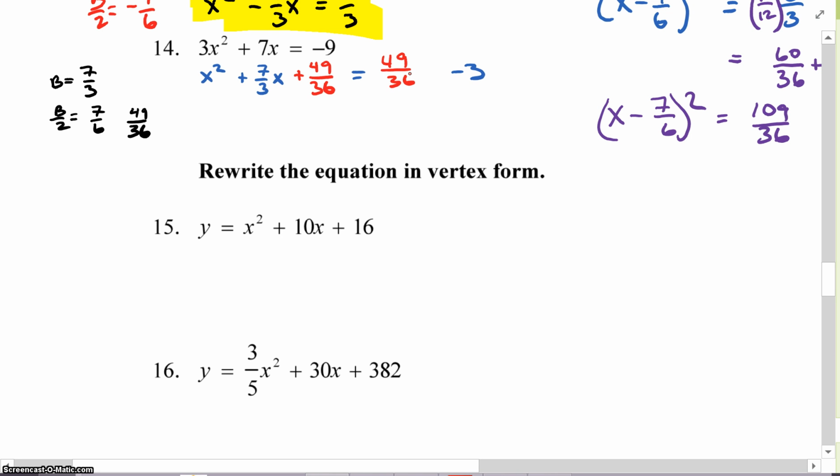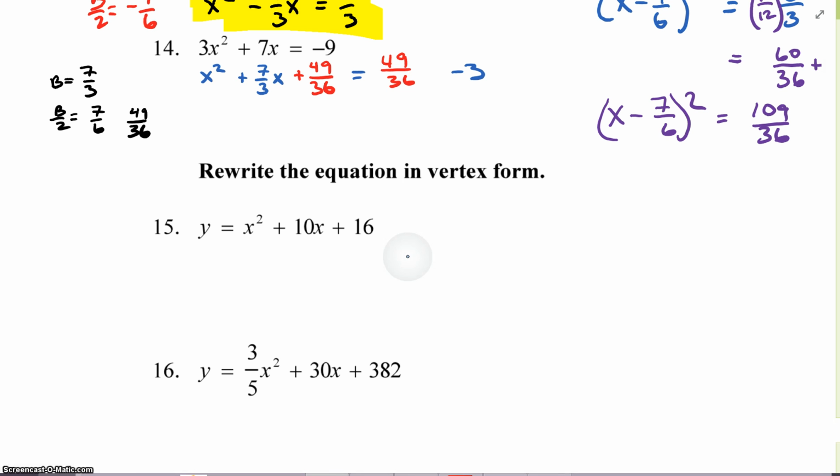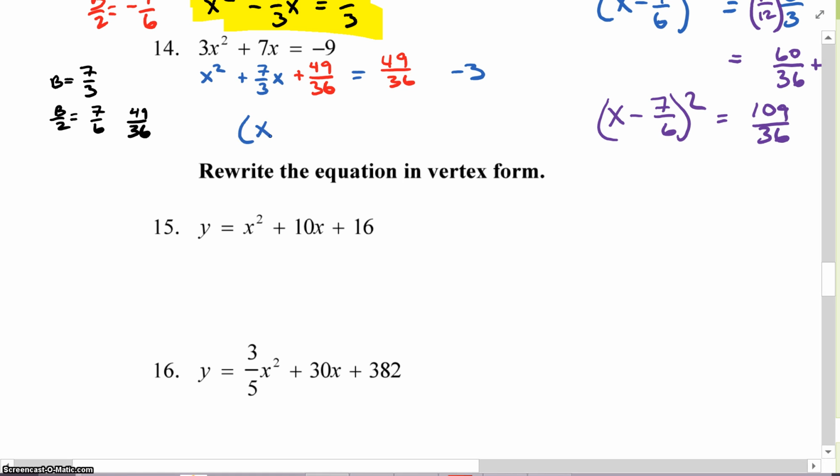So my left side is going to be the factored form of a perfect square trinomial, which is x plus the b over 2 value, x plus 7 over 6, squared.